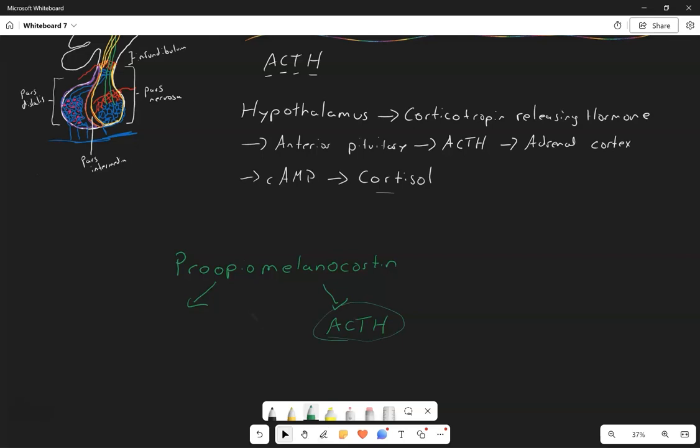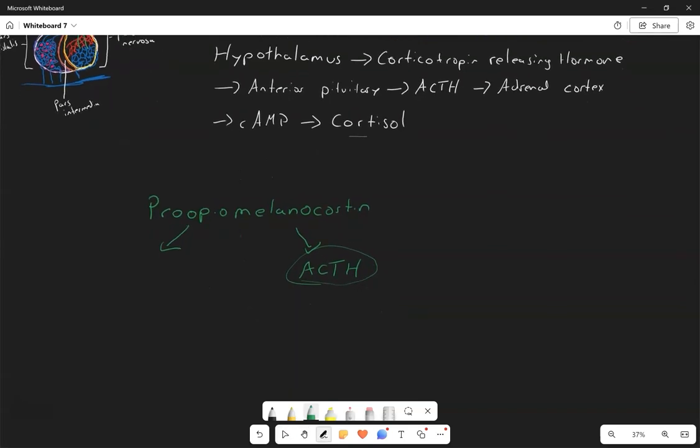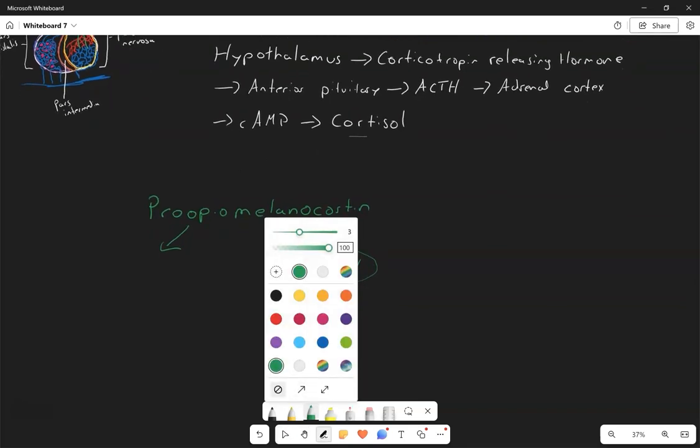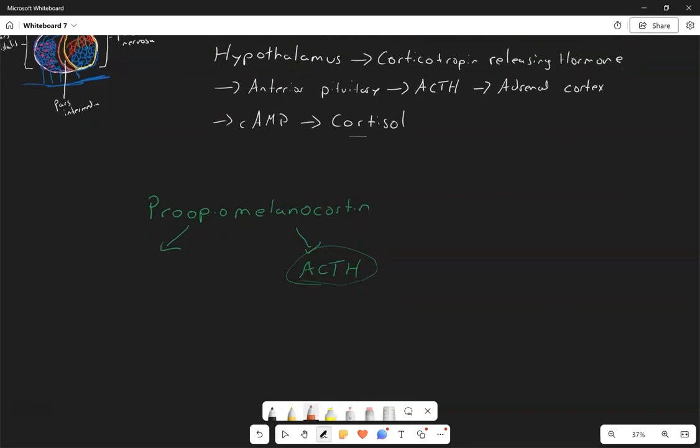Okay. Now, what makes this even more cool is that inside of the pars intermedia, remember, which is mostly non-existent or degraded in humans, this ACTH is going to get split, and one of the things that it gets split into is alpha melanocyte stimulating hormone.